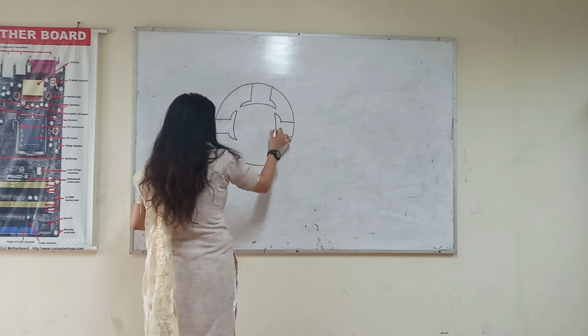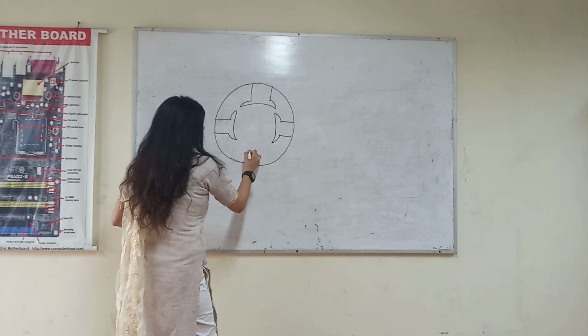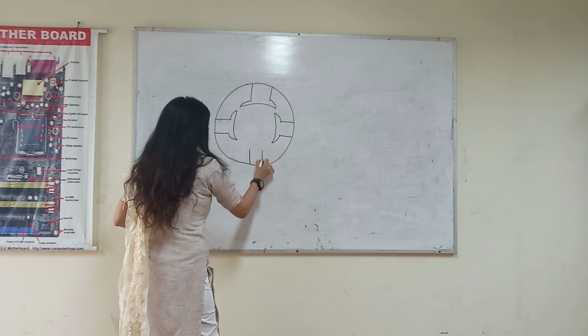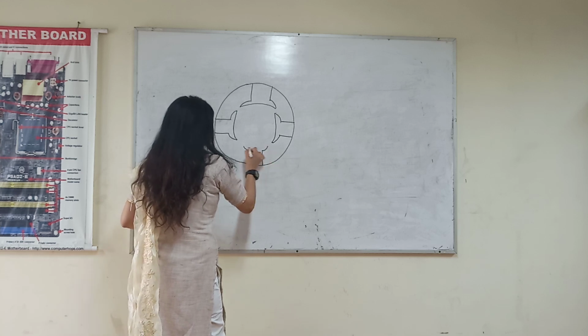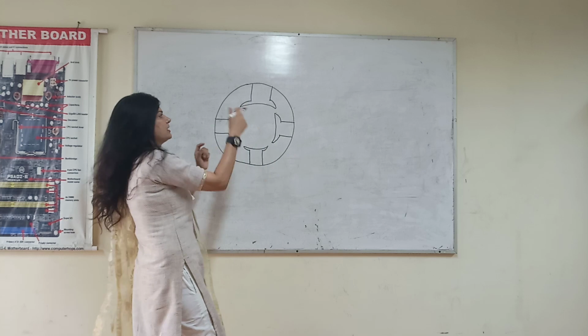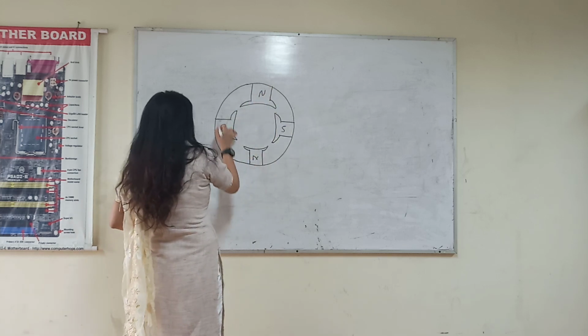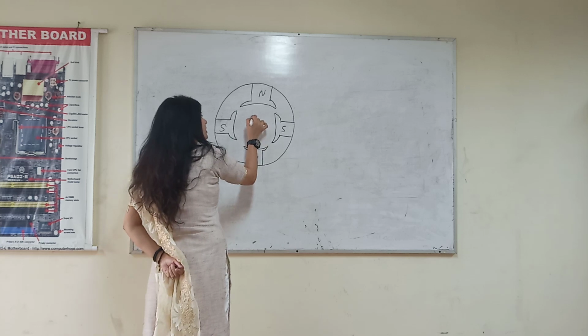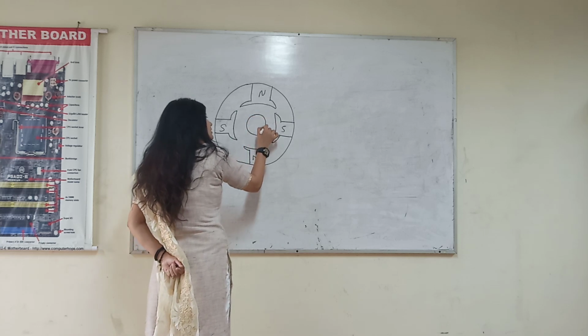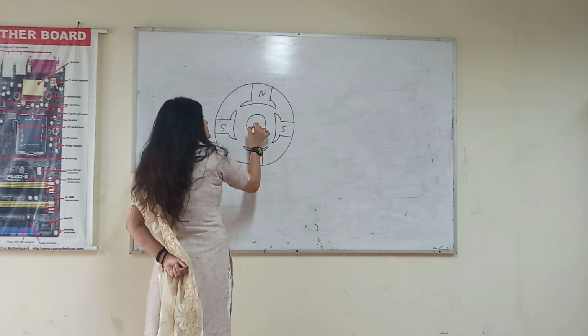It's not that clean, but I think you can understand. These are the poles, north, south, and this is the armature, and this is the shaft.